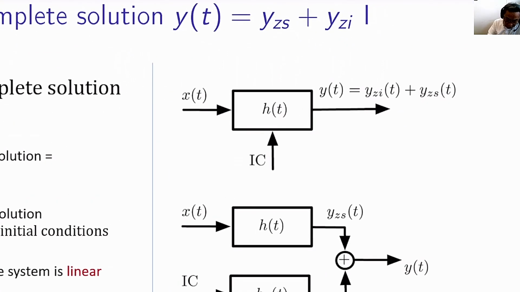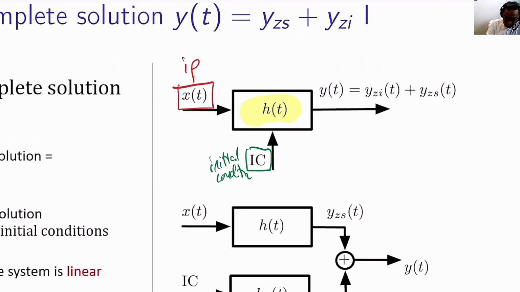Let's look at this figure. In this figure, we have the input x of t. We have the initial condition of the system. We have the system h of t, and h of t represents the impulse response of the system.